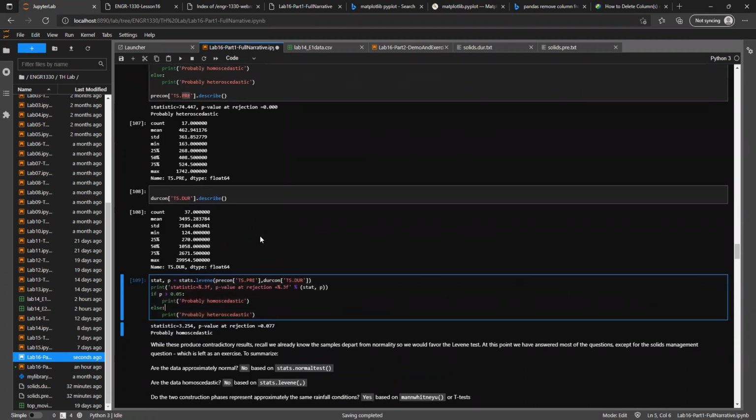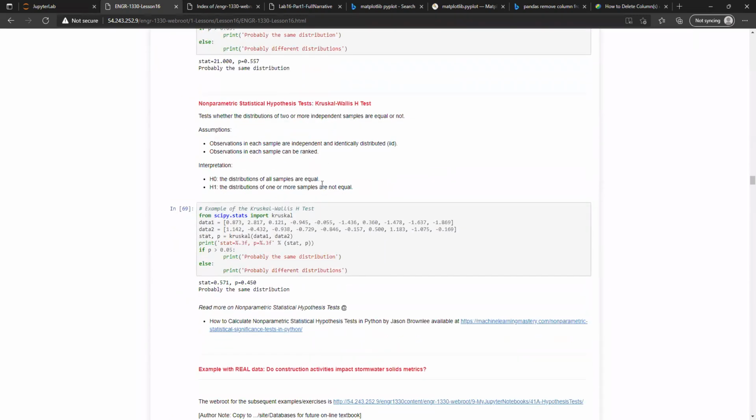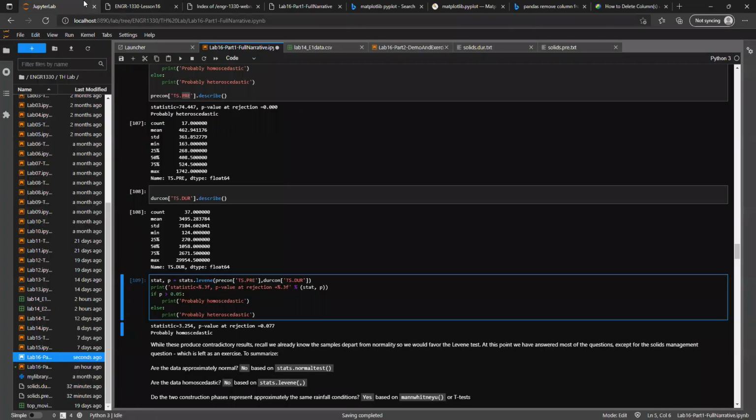But we do have contradictory results. As I was saying before, choosing the right test can be difficult. And one of the best ways to do it is to look at the assumptions for what your tests have. And if you can go with the strictest one, let me say that a different way. The strictest test you can apply to your data will probably be the most accurate.